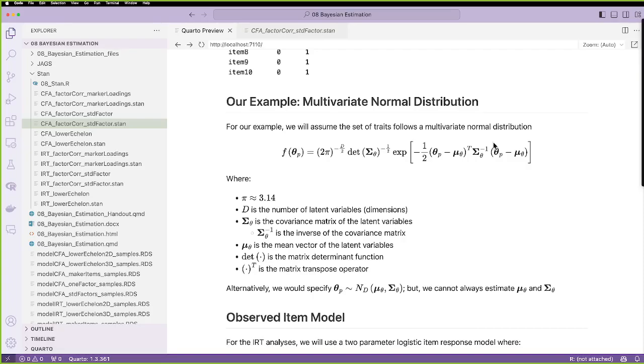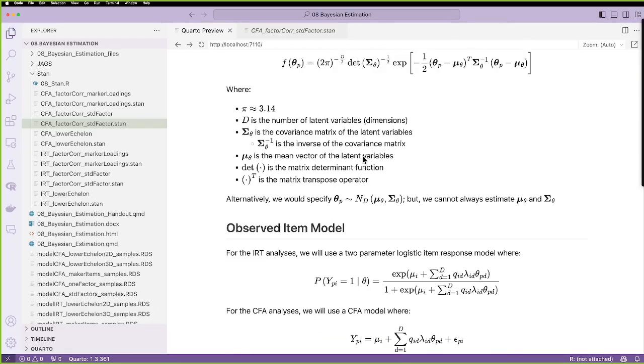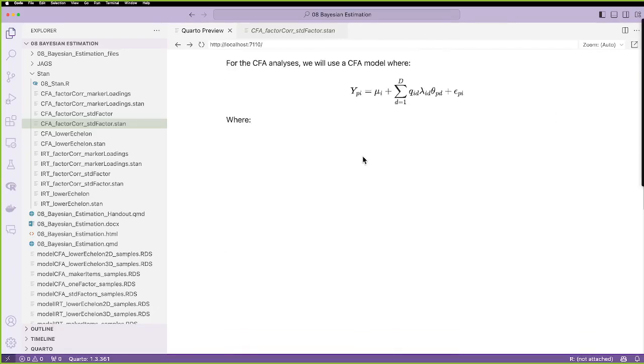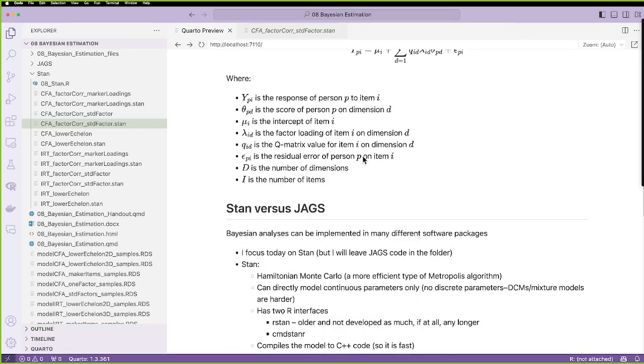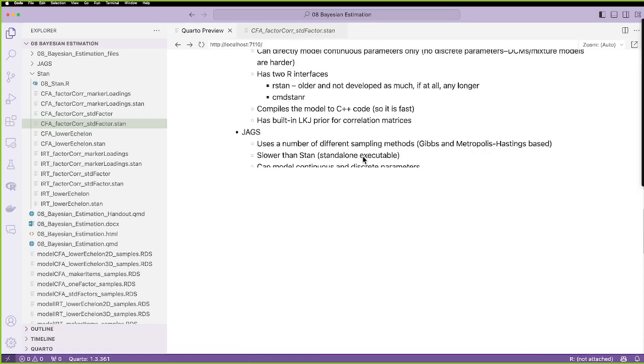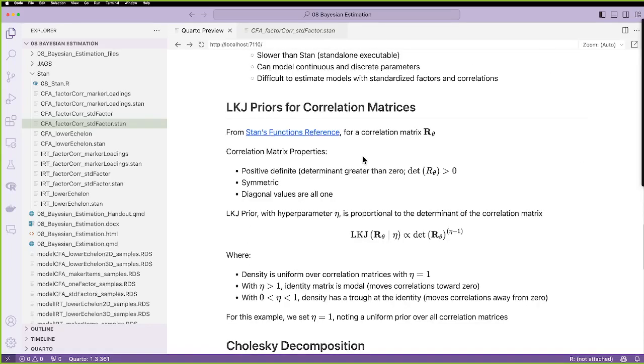In R, you can go and use the solve function. It will give you a matrix inverse. You can use the det function. It will give you a matrix determinant. But when you go to code these, you want to make sure that you minimize the number of computational steps involved in each. And so one of the things I need to discuss is how to disentangle that.